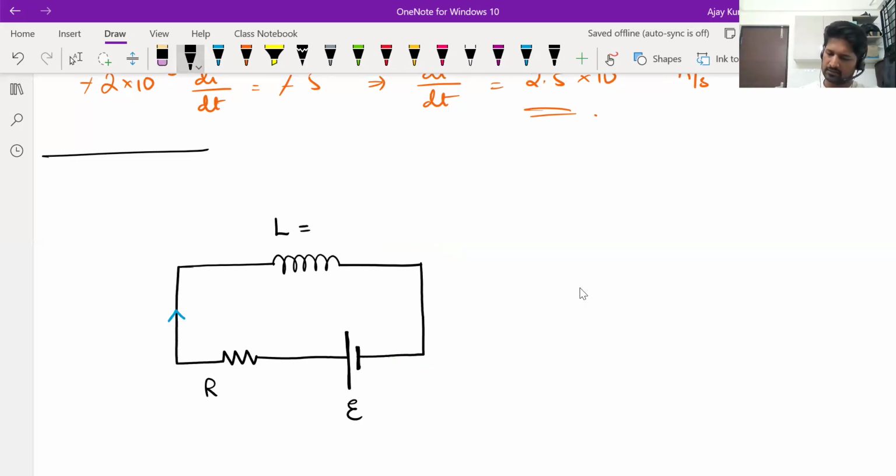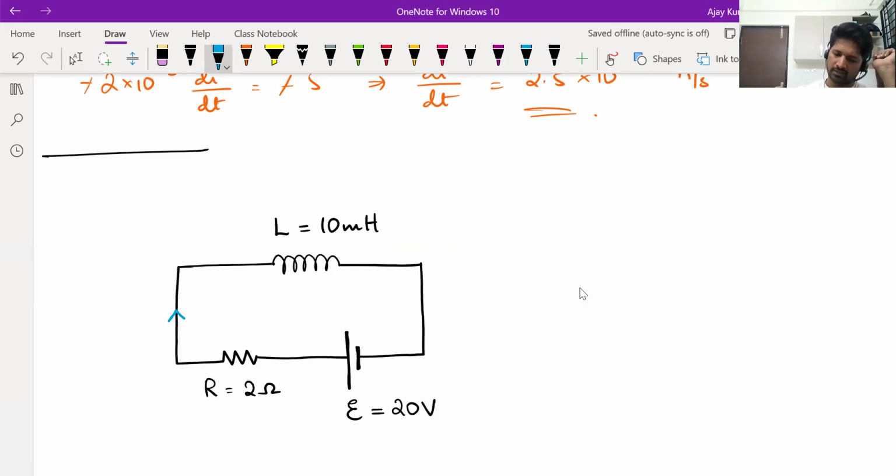Let's say inductance is some 10 millihenry. Resistance is just 2 ohms this time. And the EMF is, okay, take 20 volts itself.